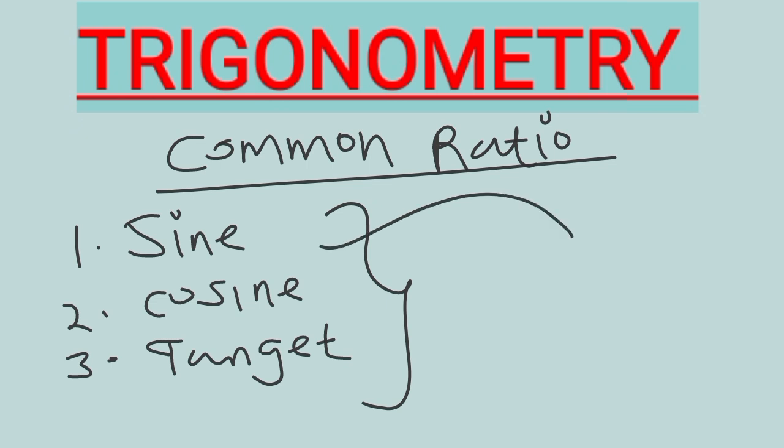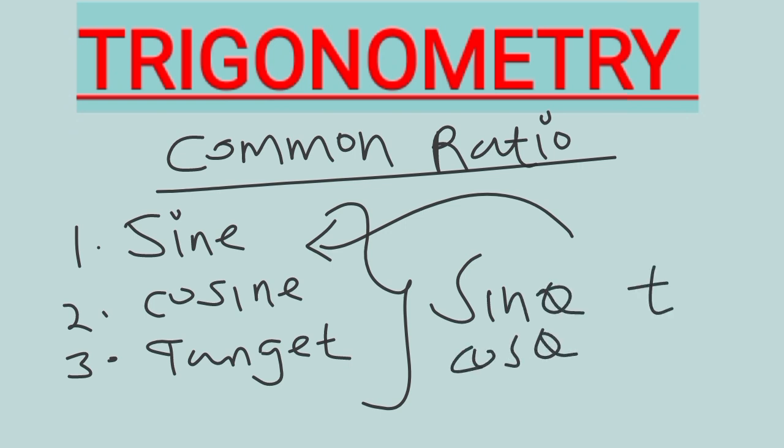I think you can recall these same common ratios from grade 10, from secondary. That is how we were evaluating sine theta, how we were finding cos theta and tan theta, something like that.